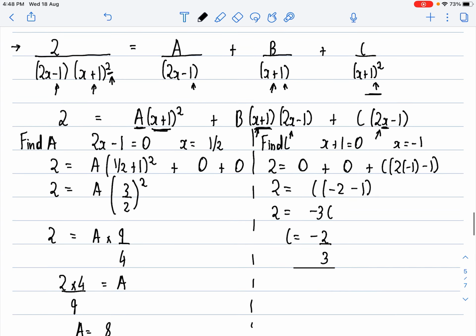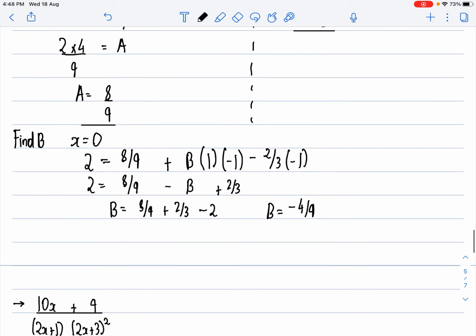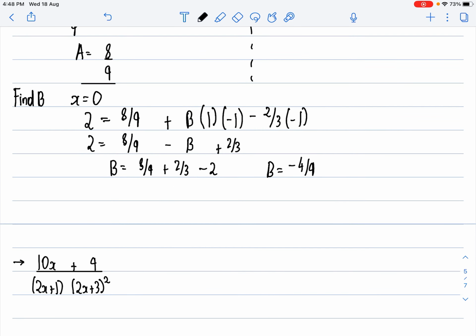So I can write a over 2x minus 1. The value for a is 8 over 9, so I write 8 over 9 into 2x minus 1. Correct? Then plus, or actually minus, because you have b. So this is minus 4 over 9 into x plus 1.